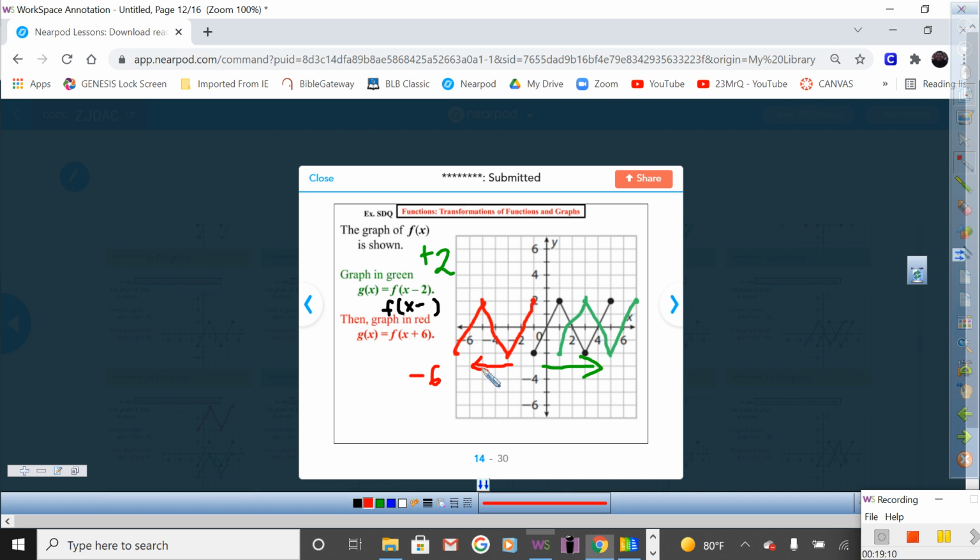Please, pretty please, because it's going to start getting funner by the minute. Once again, this is the original. The original should read g of x equals f of x minus with a blank, and we need to substitute values in there. Okay? All right. So let's move on.